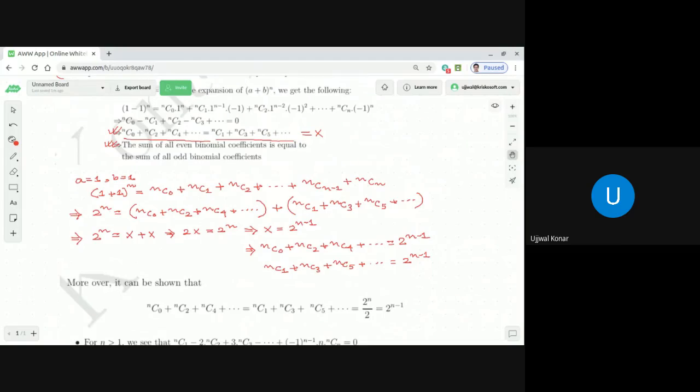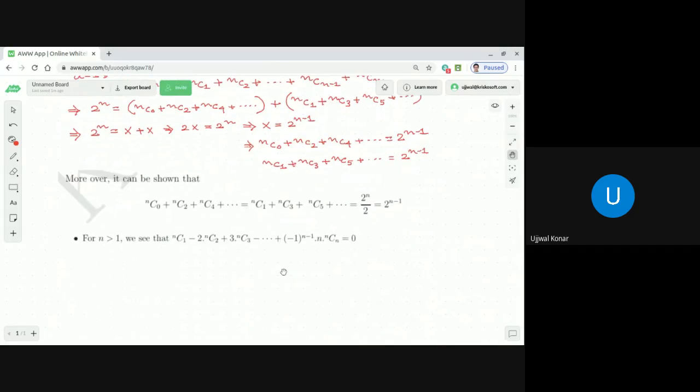the sum of all the binomial coefficients, nC0 plus nC1 and so on, is equal to 2 to the power n. Second one and third one, you just see that nC1 minus 2 into nC2 plus 3 into nC3, in that way continue, the last term is minus 1 power n minus 1 into n into nCn equal to 0. Third point.